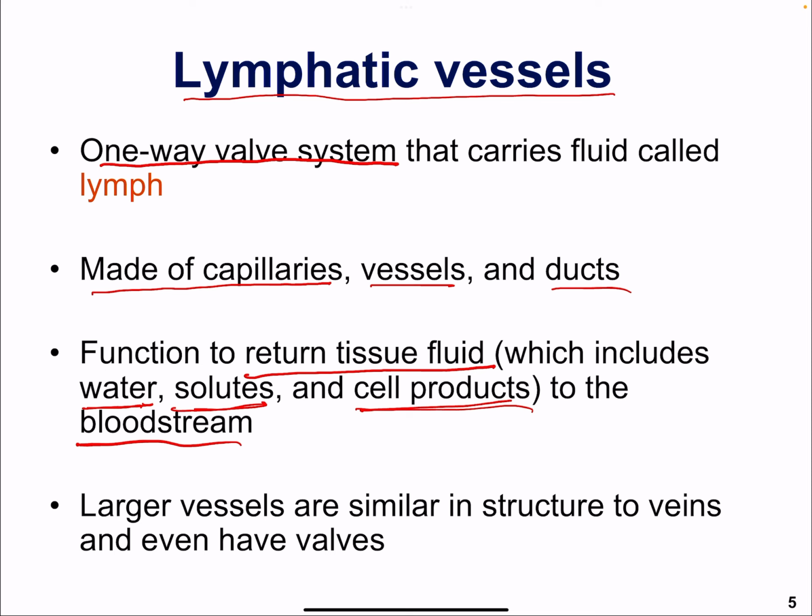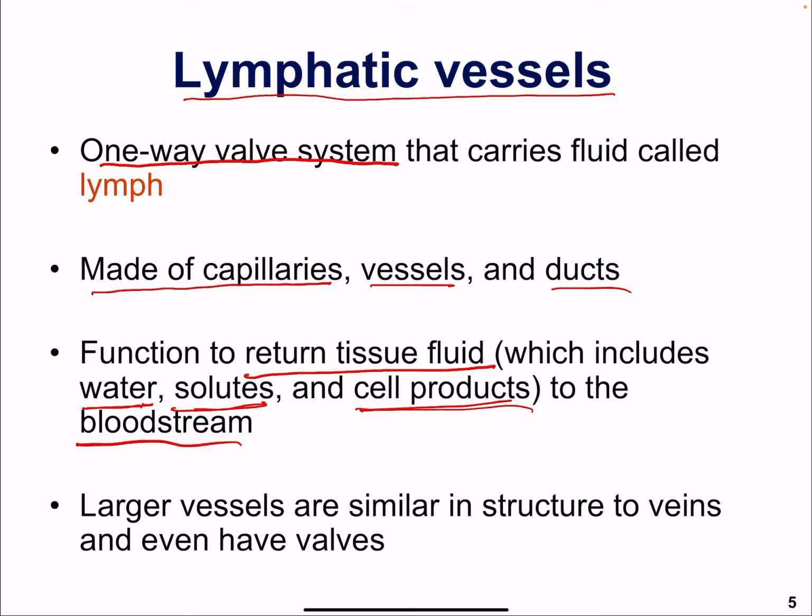But when that plasma gets into the lymphatic vessel, we don't call it plasma anymore. We call it lymph. By the same token, the lymph can leave the lymphatic vessels to be dumped into blood vessels, and in that case, we don't call it lymph anymore. We call it plasma. All right?